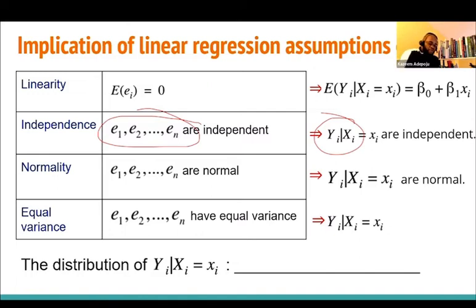Now, we take a look at independence. Independent means that if I want to predict an election result from a particular county, it should be independent of another county. I don't know whether you guys are getting my interpretation right now, and that's what we mean by independent. If errors across counties are independent, the implication is that whatever we want to predict from any given county should be independent as well.